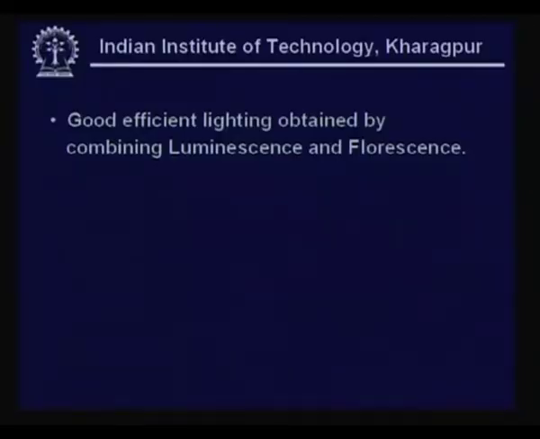Therefore, in effect, most of our applications use a combination of luminescence and fluorescence. Luminescence, as told to you, is a form of a gas discharge which is a line spectrum. Fluorescence uses conversion of UV or the conversion of radiation at one wavelength to the visible wavelength.